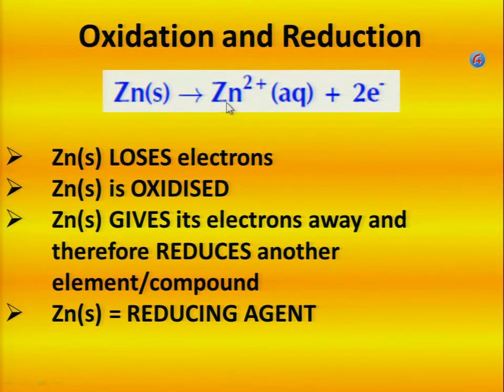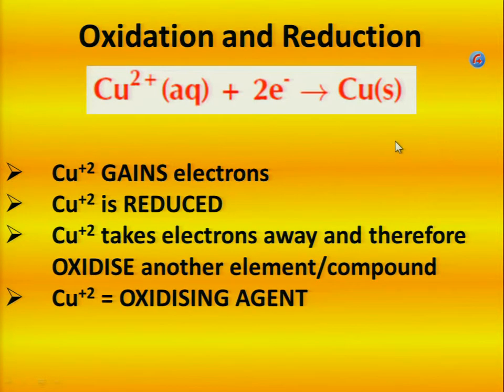When it goes to zinc plus 2, you can conclude that it's losing electrons because the charge is more positive. Plus 2 is more positive than 0. And zinc is then a reducing agent because it's giving its electrons to something else and is therefore reducing something else.